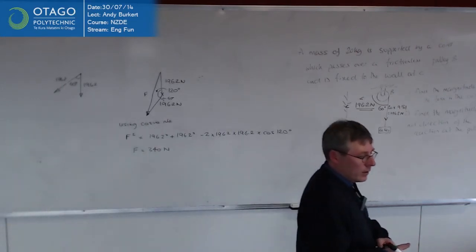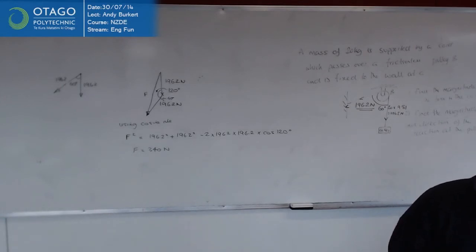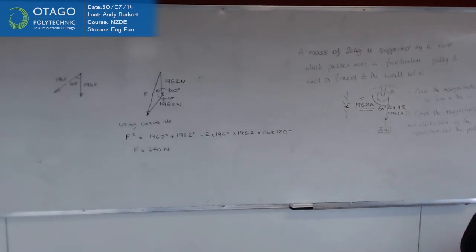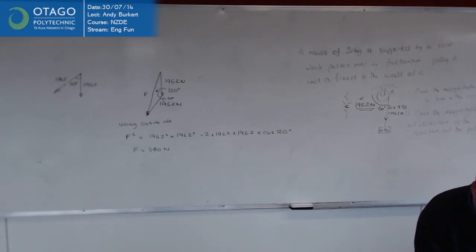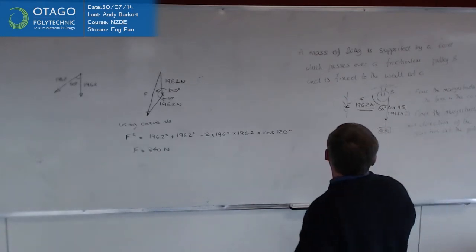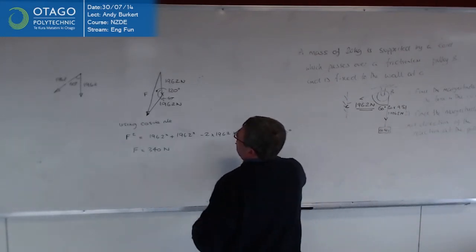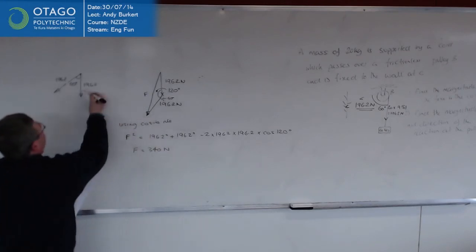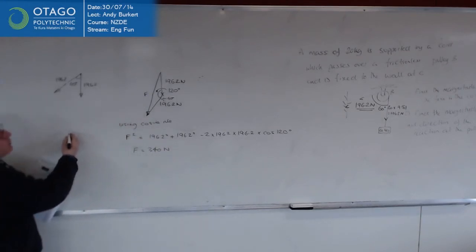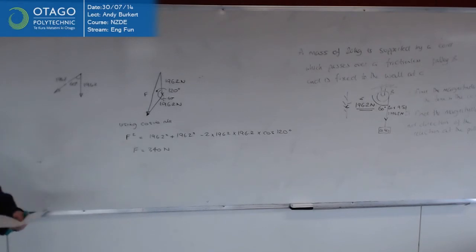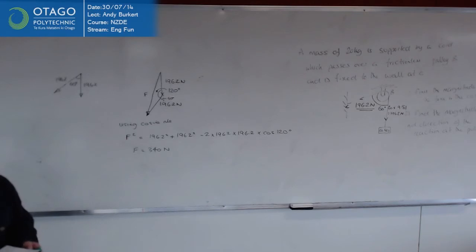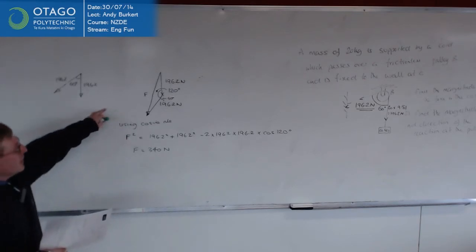No. Because if you think about it, on our pulley system, we've got those two forces acting like that, which gives our resultant, but then there'll be the reaction to that, which puts it in equilibrium because our pulley's not moving away, it's not flying off the wall. So now we've got that.